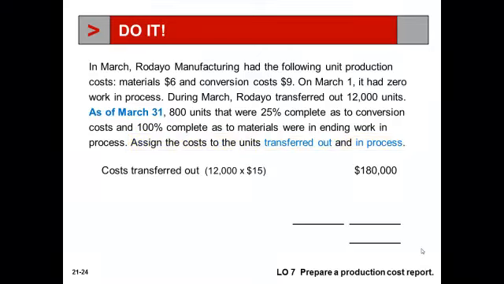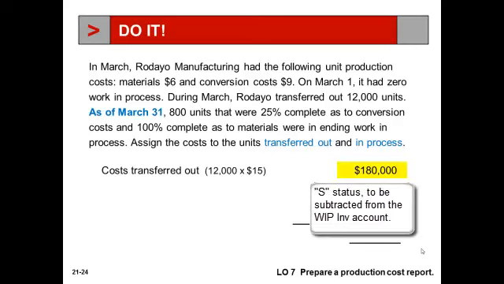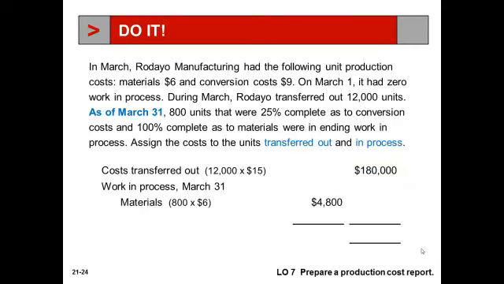Cost transferred out, 12,000 units times $15, the combination of the material cost of $6 and conversion cost of $9. $180,000 assigned to product moving to the next department. Work in process, end of the month. Materials, 800 observable units. All materials are there, $6 per material, $4,800.